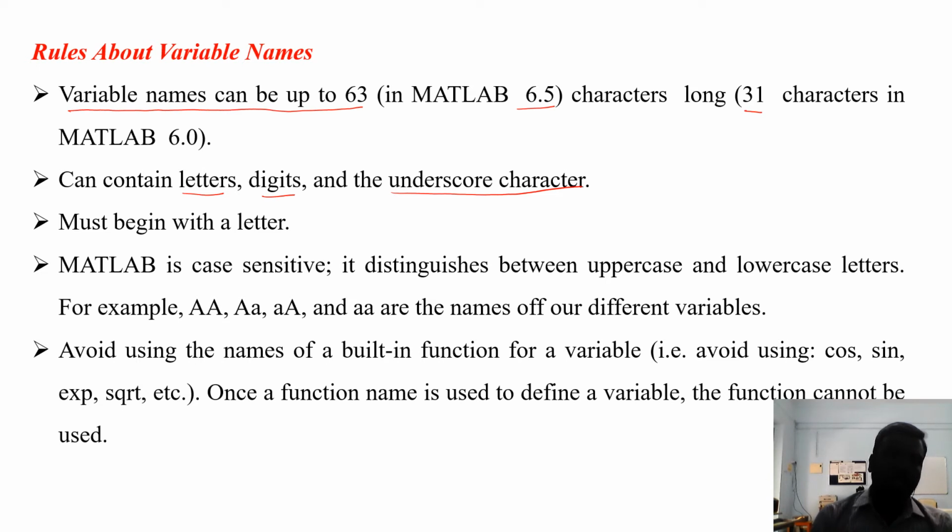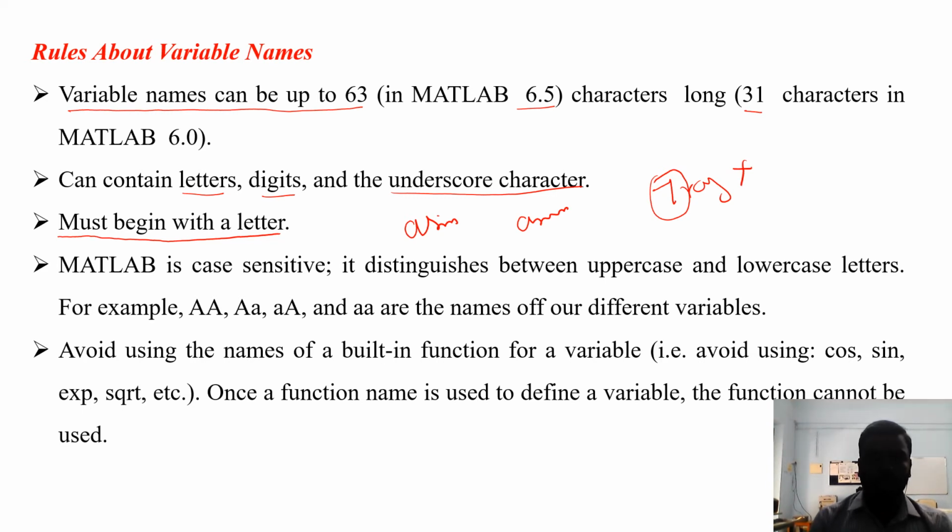Next, every variable must begin with a letter. For example, I write A sin X, Arun, etc. Don't use a name like 7 Ray. It is not a valid variable because it starts with a numerical value. So every variable starts with a letter.